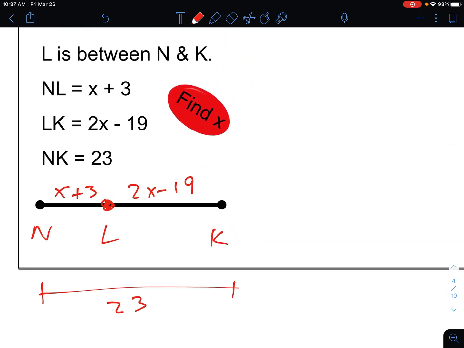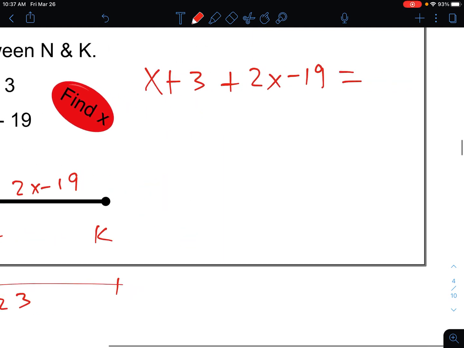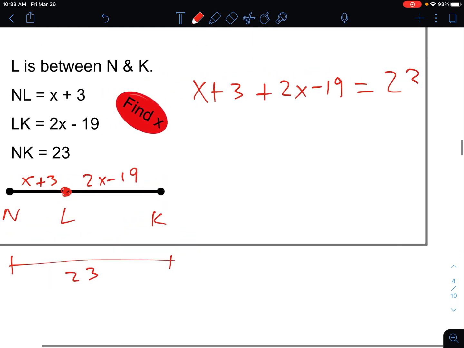So way back in unit 1, beginning of the year, this is what it looked like. So to set this up, we would do the small part, NL, plus the other small part, LK. That's equal to the whole length of 23. Okay, and then we would set up and solve.